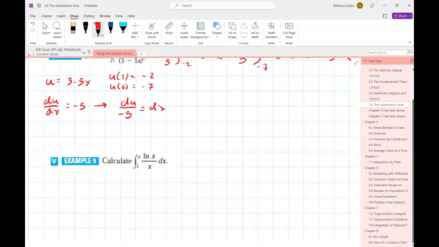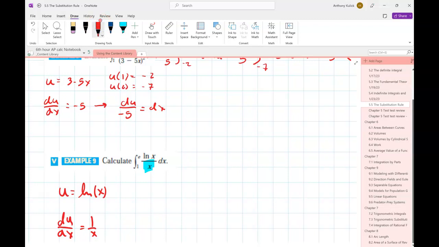All right. What should I pick as the u here? I would pick the natural log. That seems counterintuitive. But what I'm noticing is I know the derivative of the natural log is 1 over x, which is the other part of my leftovers, right?